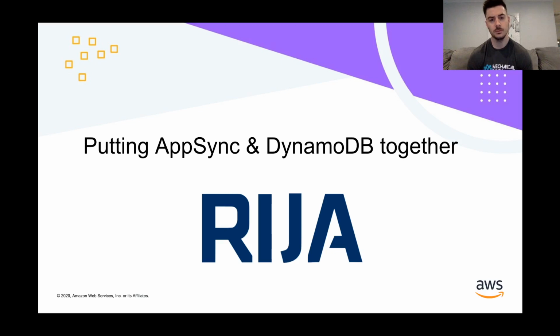So if we want to think about how we can put all of this together in the context of how we make DynamoDB work effectively with AppSync, we can create an application, and in this case we're going to create an application called Regia.